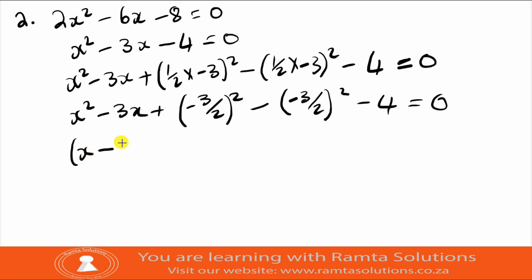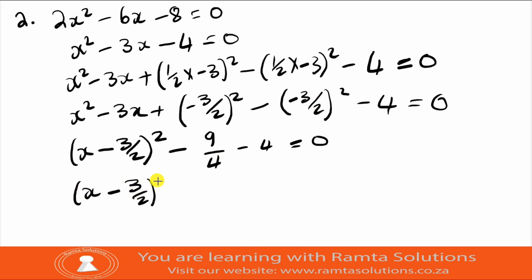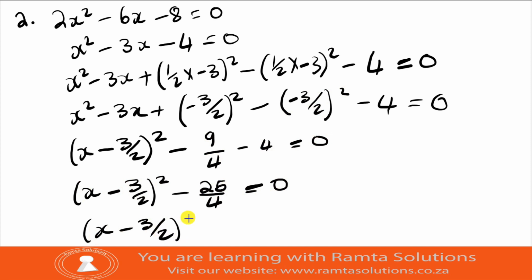So we have x minus 3 over 2 all square minus, this would be negative 9 over 4, since 3 squared is 9 and 2 squared is 4. And when I look at this, it looks like it is 25 over 4 equals 0, which simplifies to x minus 3 over 2 all square equals 25 over 4.